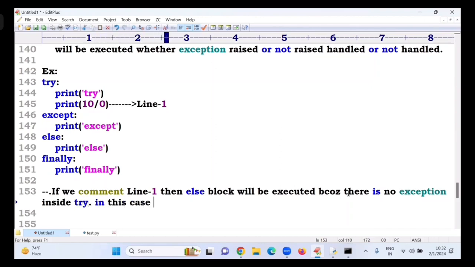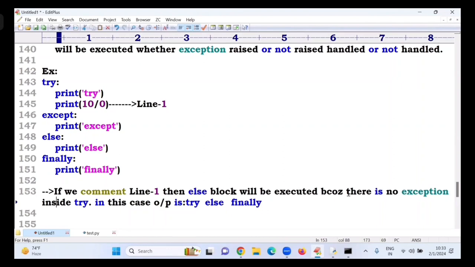In this case, the output is try, else, finally.